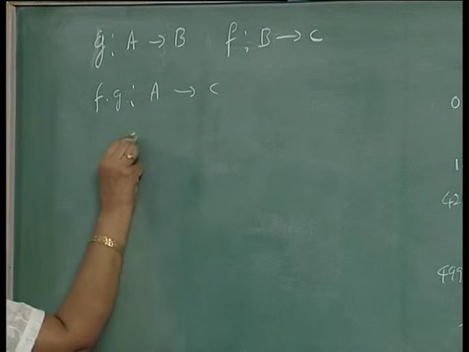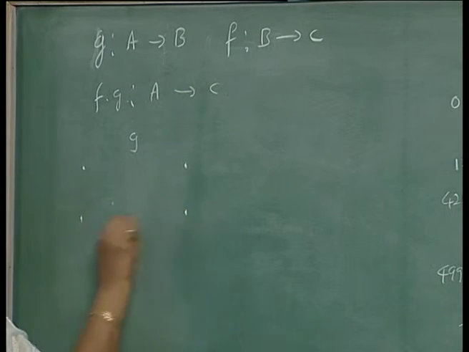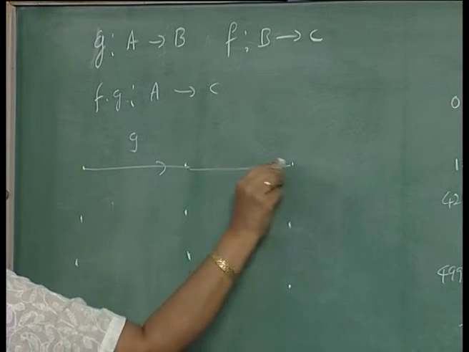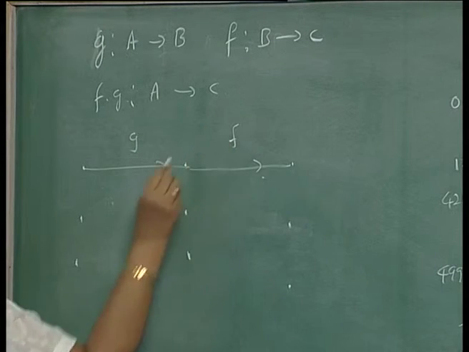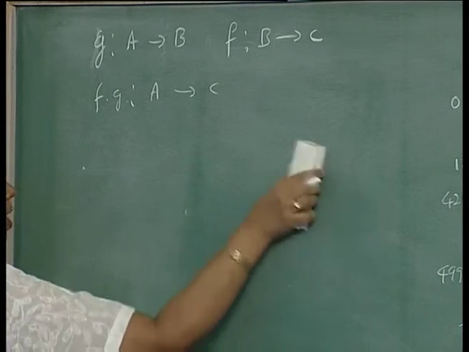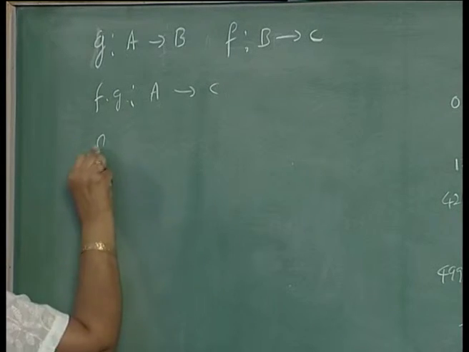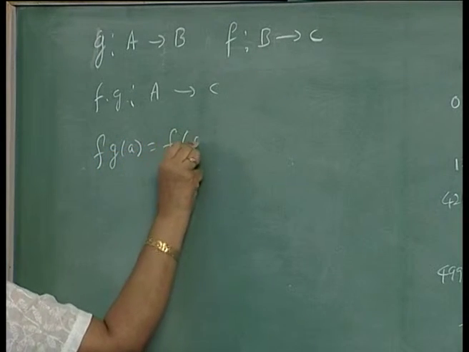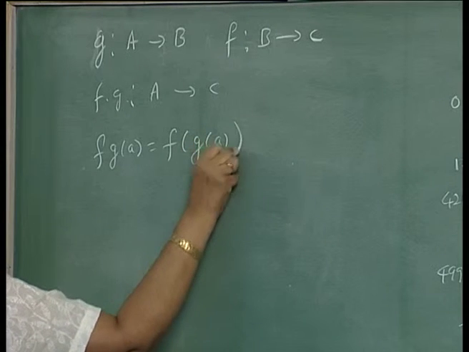It is like this. The composite function will be defined in this manner. If you have an element A, f g of A will be f of g of A. This is how you define it.